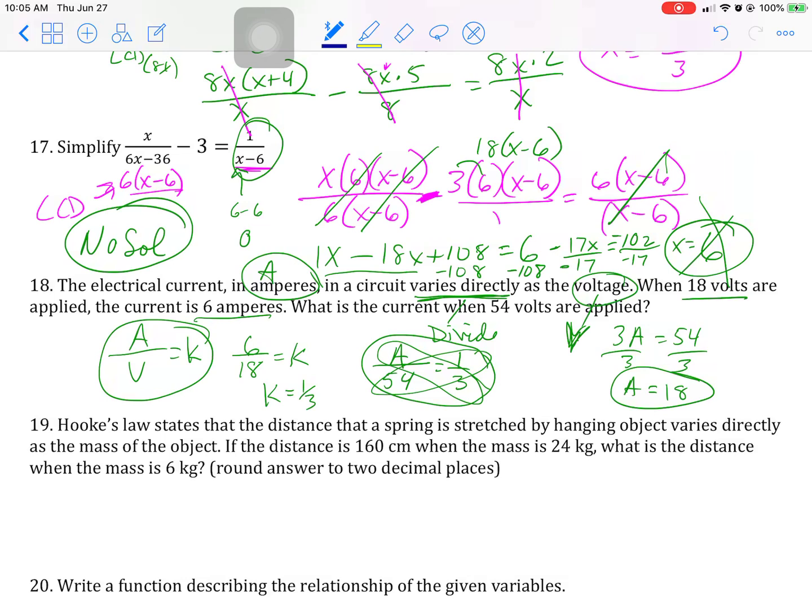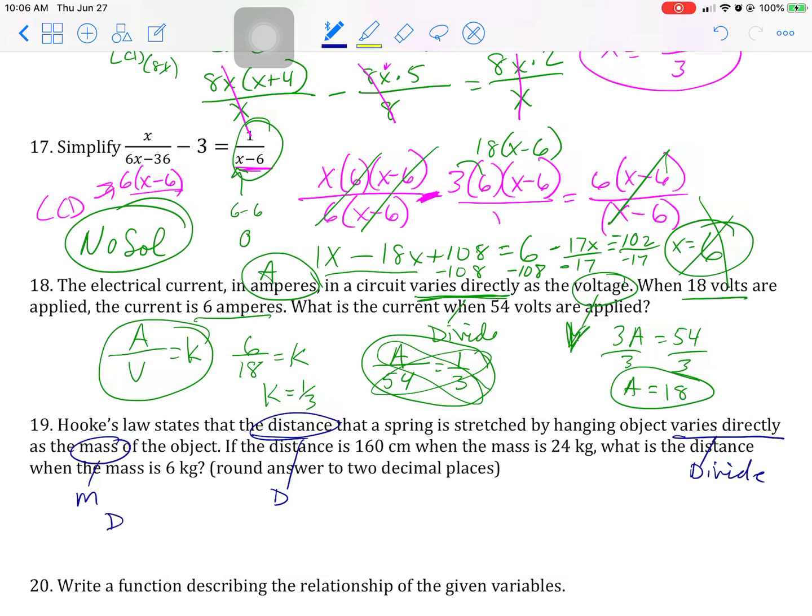Hooke's law states that the distance that a spring is stretched by a hanging object varies directly. So that's another divide. And what varies directly? Let's see, distance, so that's a D, varies directly with mass of object. Okay? So varies directly. Before I even read any farther, I want to set that up.